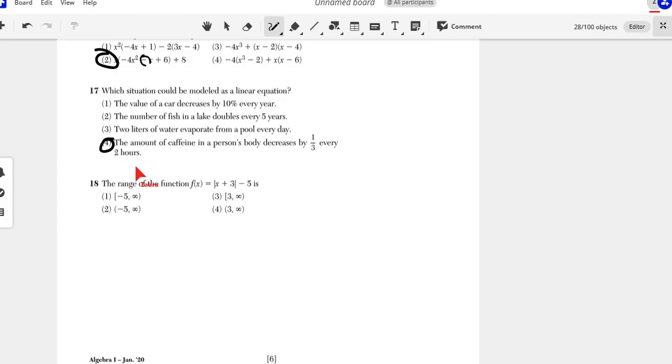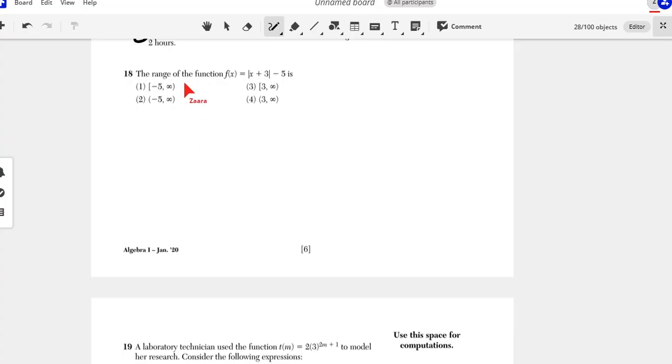How did you get that? Which situation could be modeled as a linear equation? The amount of caffeine in a person's body decreases by 1 over 2, 2 liters of water evaporated from every day, the number of bacteria doubles, the value of a car decreases. Okay, good. Next.